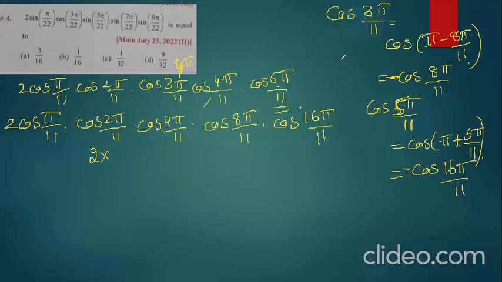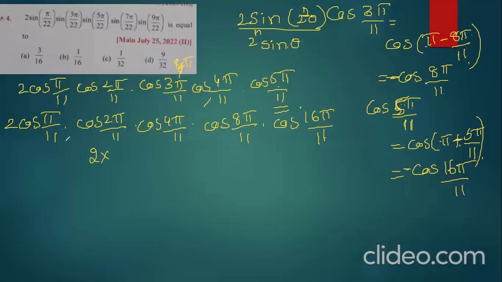The actual formula is sine of 2 power n theta by 2 power n into sine theta, so 2 into sine 2 power n theta by 2 power n into sine theta. So I am applying here, n is the number of terms and theta is our basic angle.